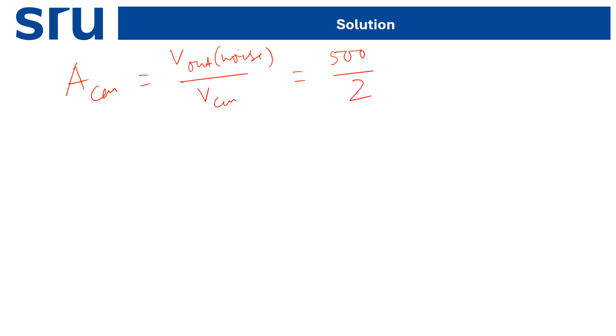Okay, so as you can see here, it will give us the value of 0.0025. Okay, now we can write the formula: CMRR equals AD divided by ACM.